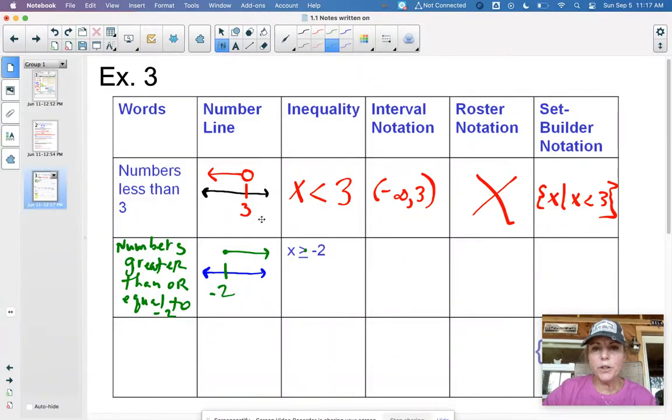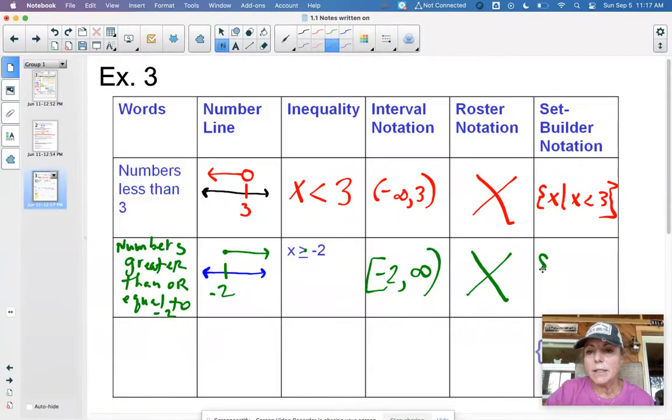All right, interval notation. I'm going forever to the right. That's infinity. The negative 2 is on the left, bracket, parenthesis, because I'm including the negative 2. Can't do roster notation, and set builder is inequality, just rewritten with this extra little x such that x is greater than or equal to negative 2.